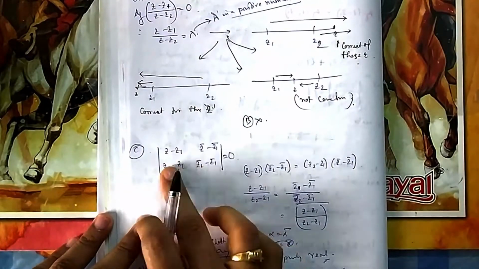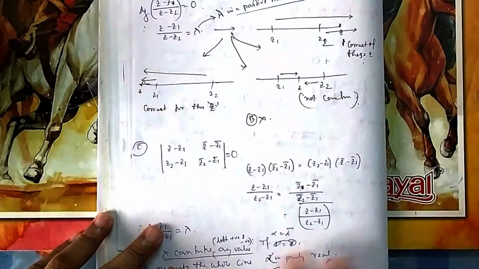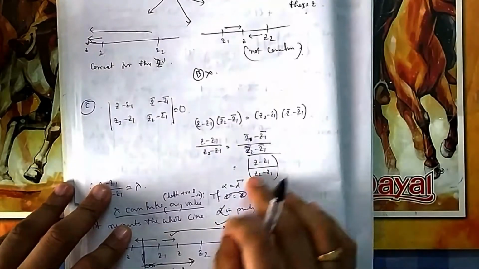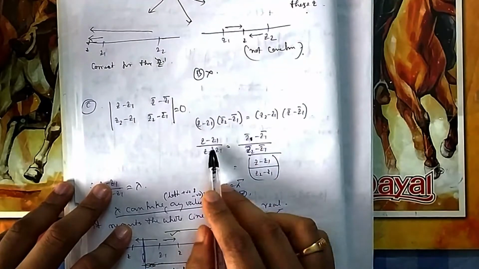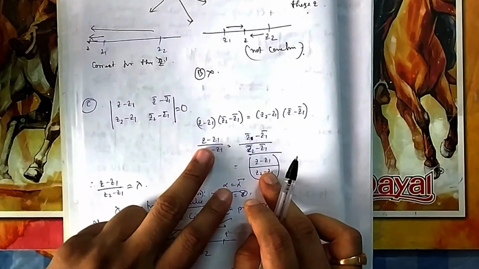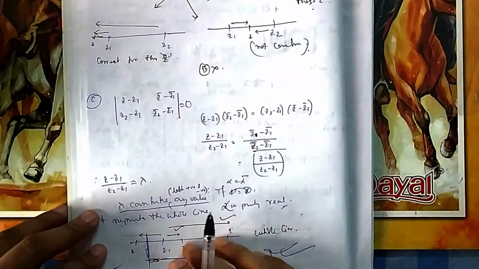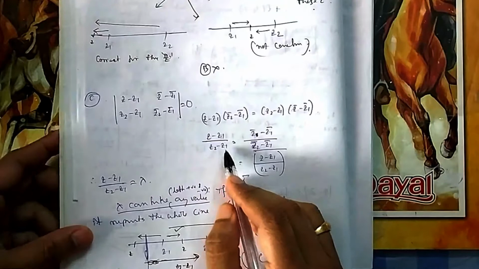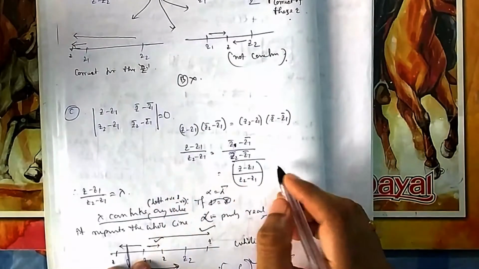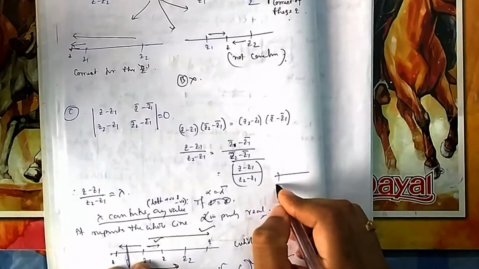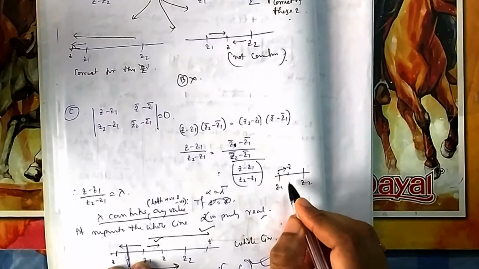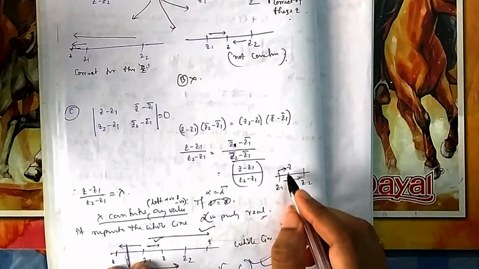If you go by C, they are asking whether it is 0 or not. If you expand the determinant and do a little bit of work, you will get this. This bar is equal to this bar, that means this should be real. So if it is real, this one, z minus z1 divided by z2 minus z1, should be real. Now this one I think we have done, this is true, because z1, z2 and z are on the same line, so z minus z1 divided by z2 minus z1 will be real.